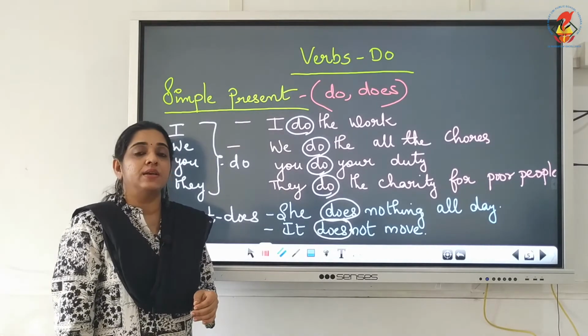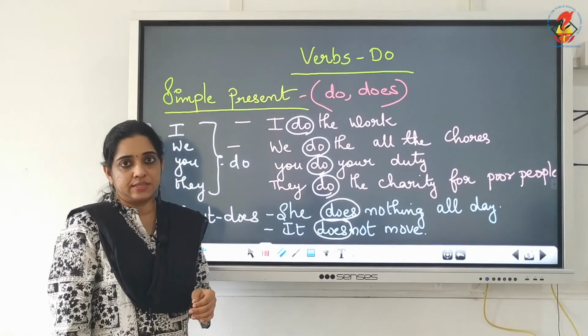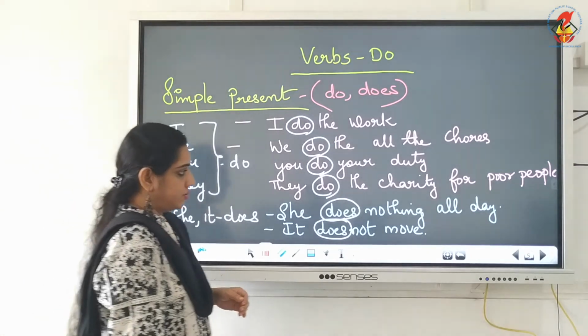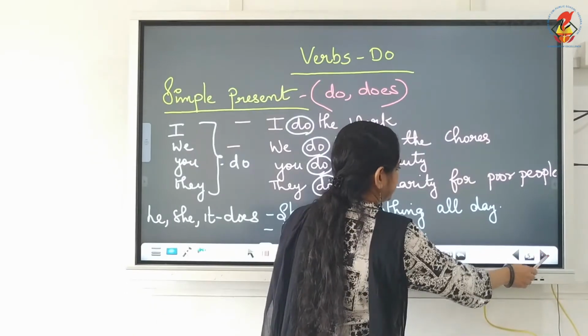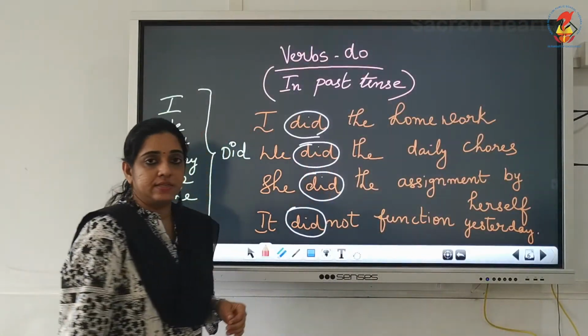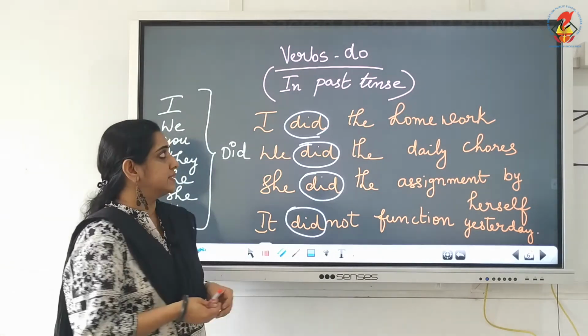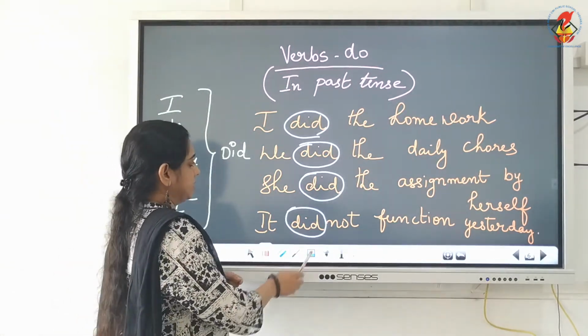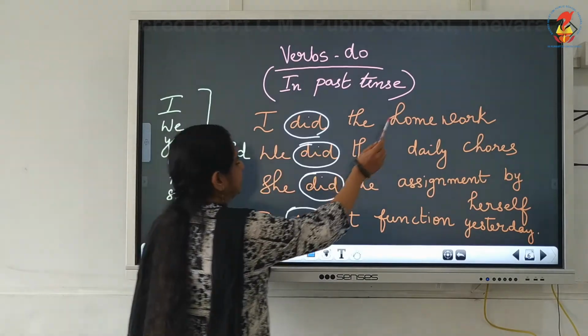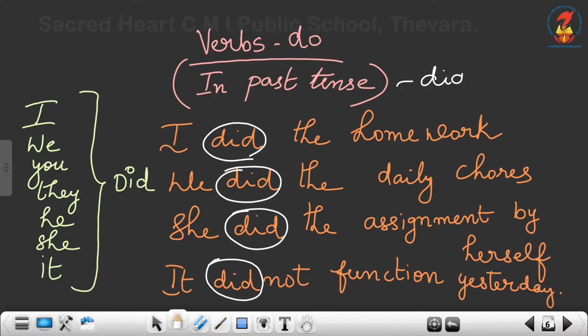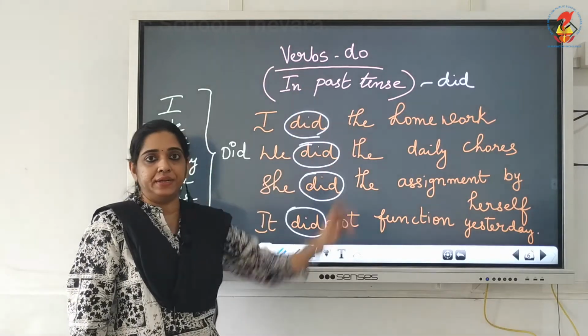That is in present tense. Okay. Now the next one, past tense. The verb do, how it functions with past tense. In past tense, the verb form is did. Past tense of do is did.